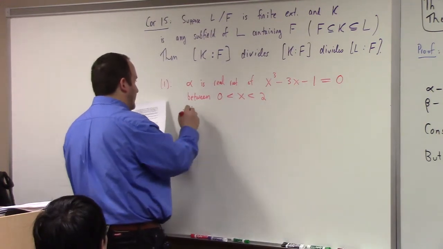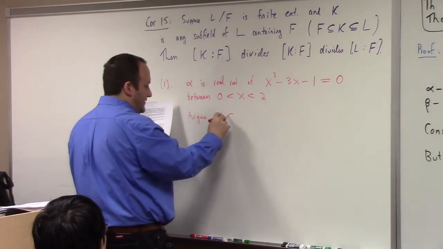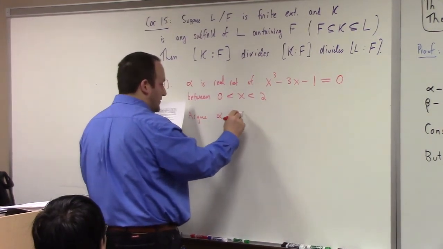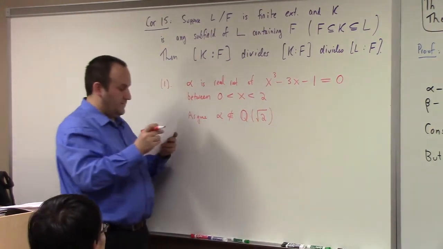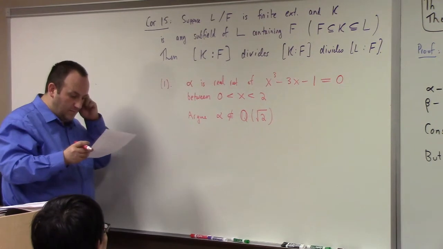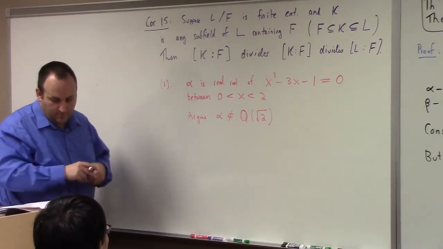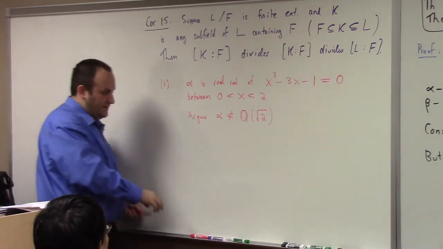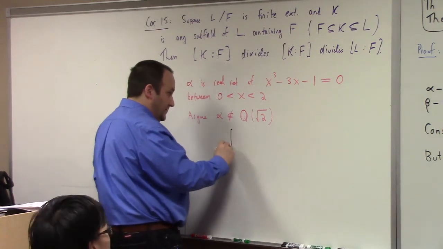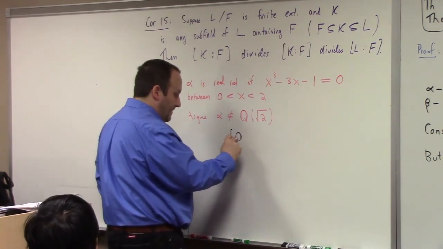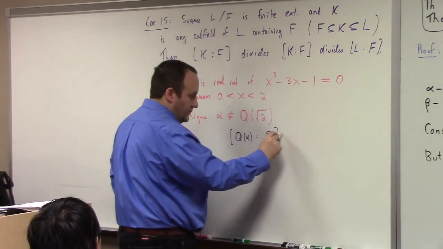So the point of this example is that he's going to argue that alpha is not an element of Q adjoining the square root of 2. So we can just argue by degree, right? If we look at Q adjoin alpha over Q, we have degree 3.